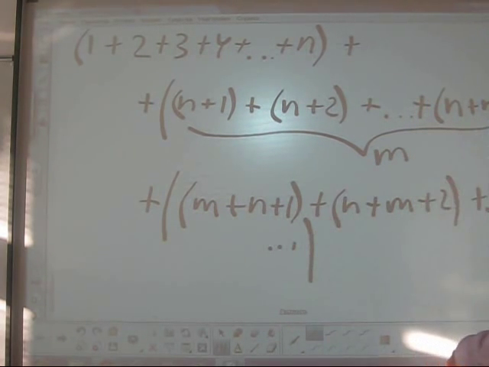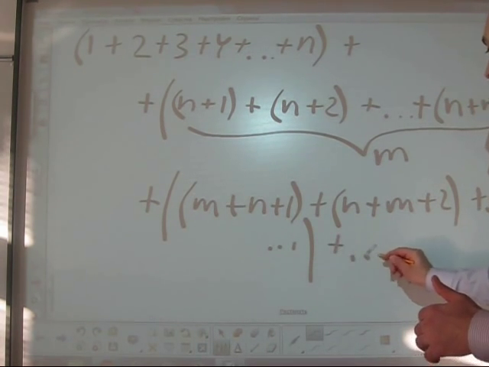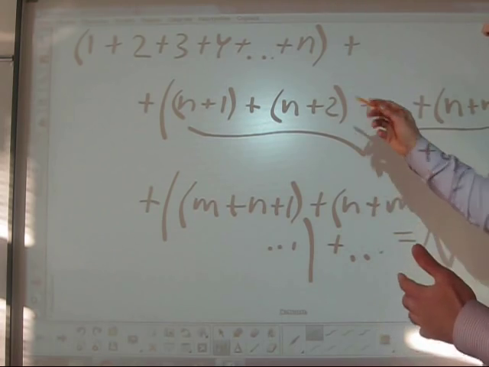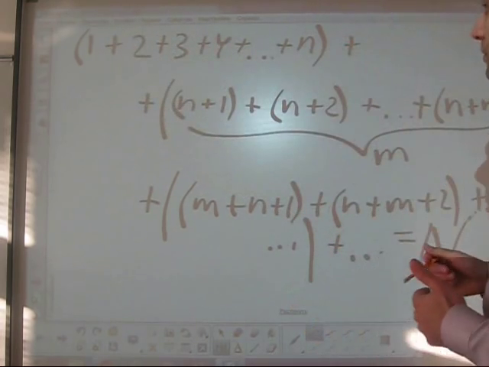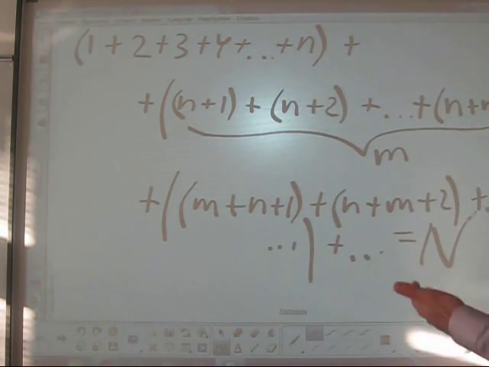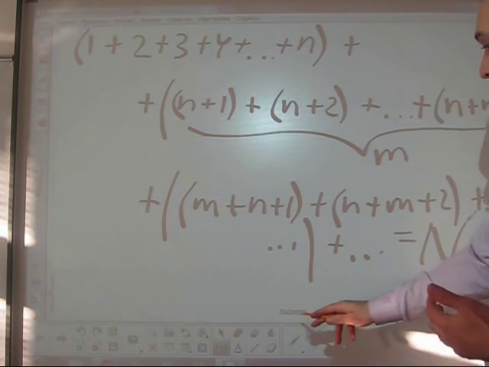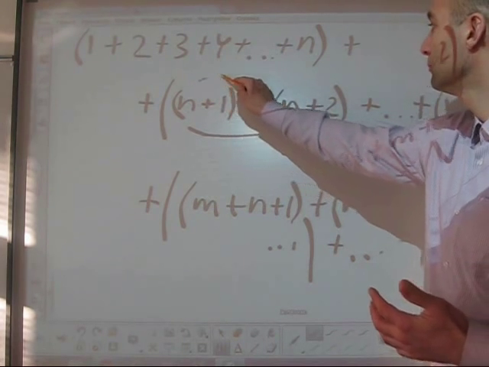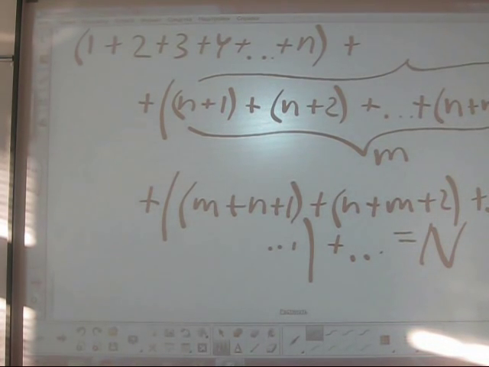I don't want to think about how it will end, but finally it also equals n. Now can we express the sum of these groups? Of course we can, and what we want to get here in this group is some perfect square, some b squared.